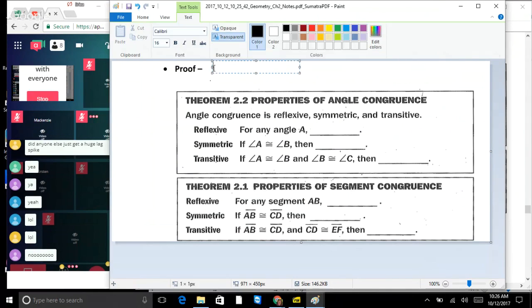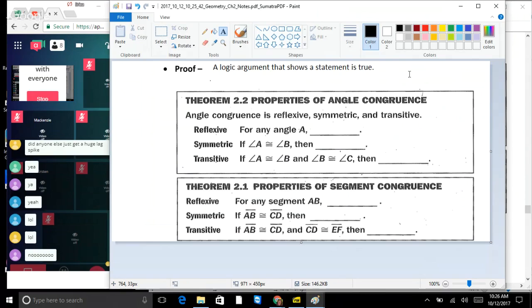So if you want to fill this in your notes, a logical argument that shows a statement is true. Okay, so actually you started doing proofs without even realizing it because we just did 2 proofs about 5 minutes ago.